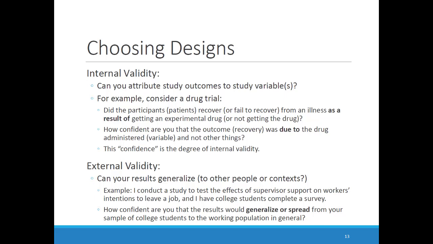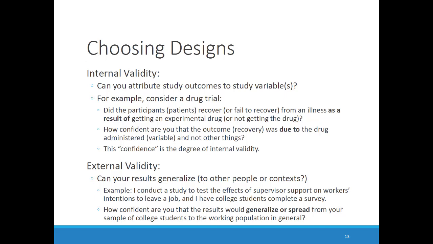So college students tell me about their levels of supervisor support at work, and they tell me about how much they want to leave their job. And the question here would be, how confident are we that our results would generalize or spread from our sample of college students to the working population in general?